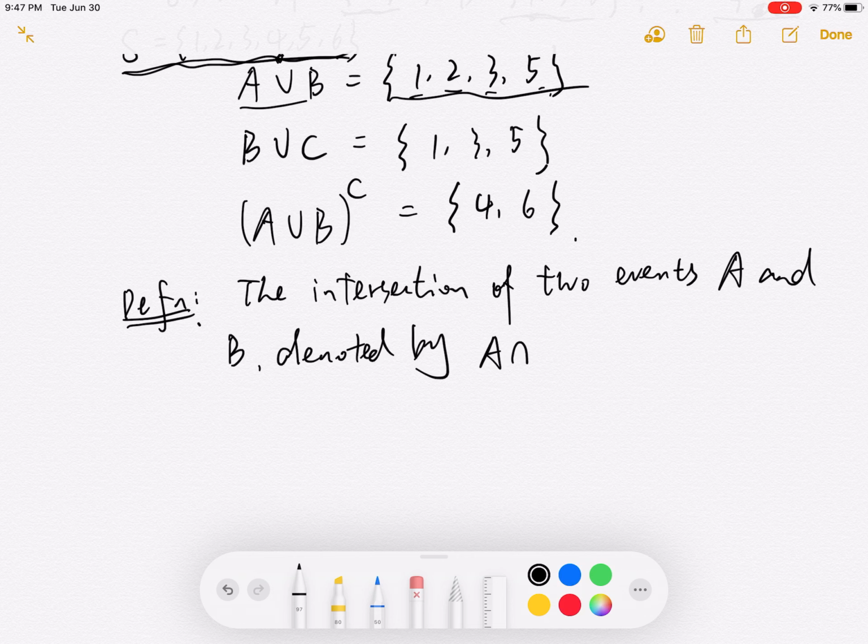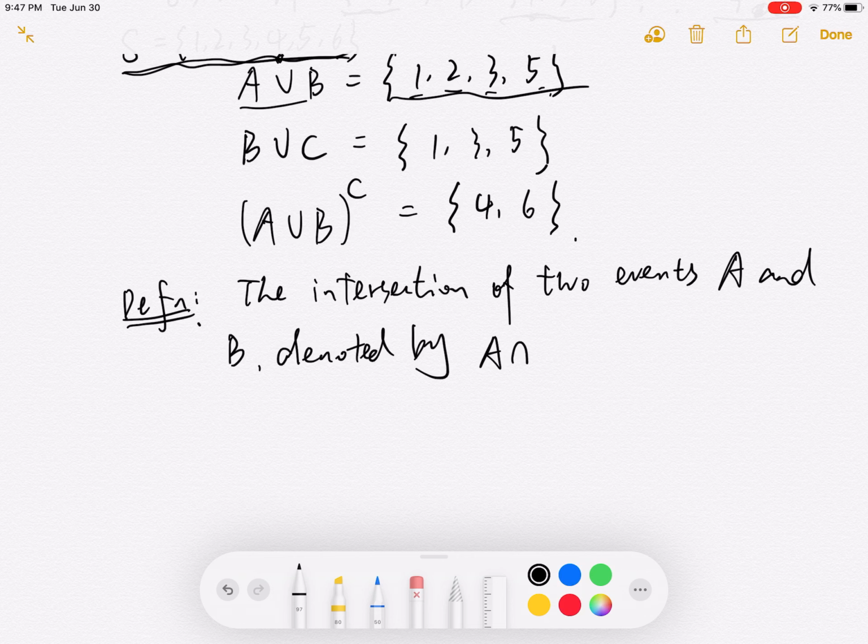Let's take a look at an example. This example 1 corresponds to example 1 over here. We're still talking about flipping a fair coin. If we flip a fair coin, the sample space could be head and tail. Now let's say event A is equal to the head. Since A is a subset of the sample space, A is an event.